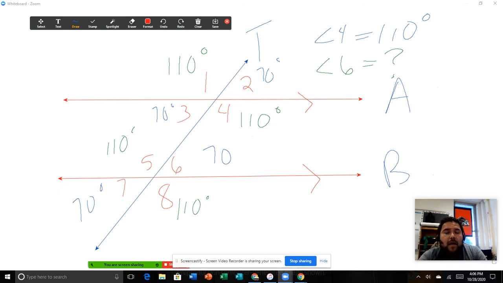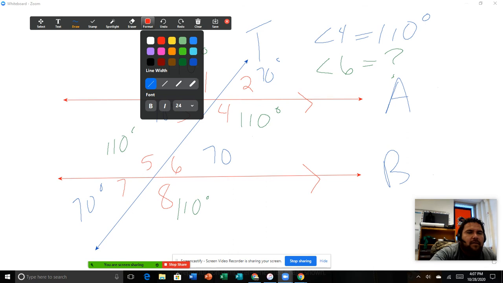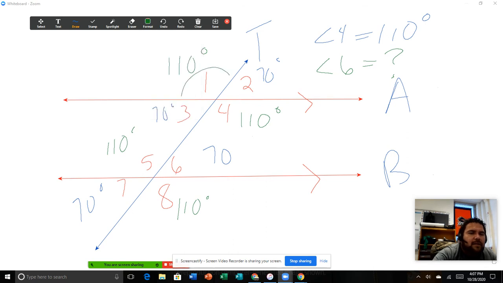Those two angles are congruent. Why are they congruent? Because they're corresponding angles. They're also obtuse. And you'll notice that all of the corresponding angles are congruent. Angles 3 and 7, 8 and 4, 6 and 2, they're all congruent to each other. I'm leaving the angle measures there, so you should see that they're all congruent to each other.